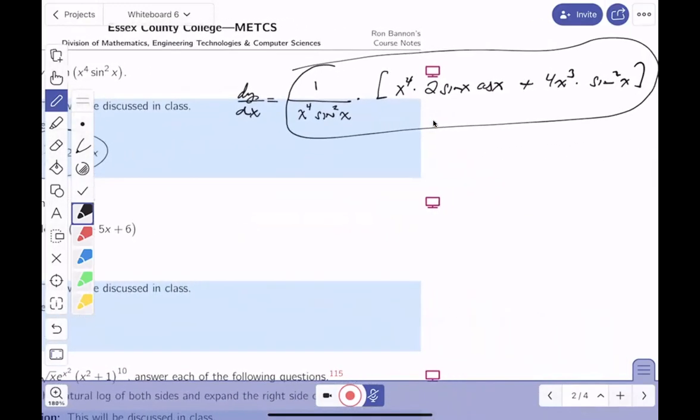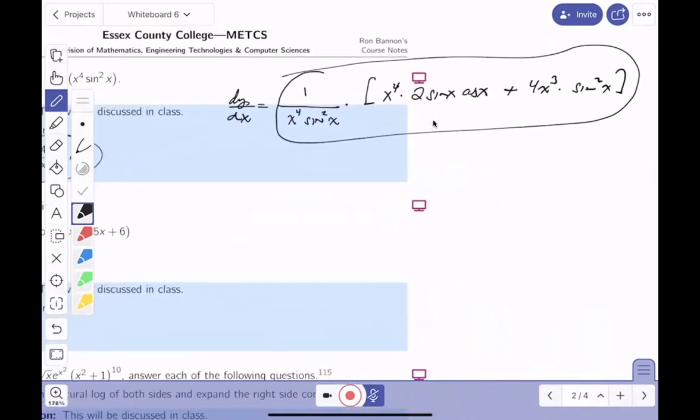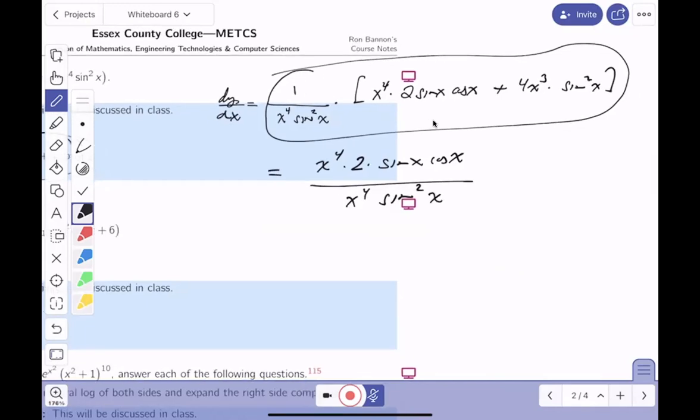And I want to go through it with you, though. All right. And one step at a time, by the way. I want to see if they're equivalent answers. Let's multiply it out. What do you get? x^4 times 2 sine x cosine x over x^4 sine squared x. Hope I didn't go too fast with that.